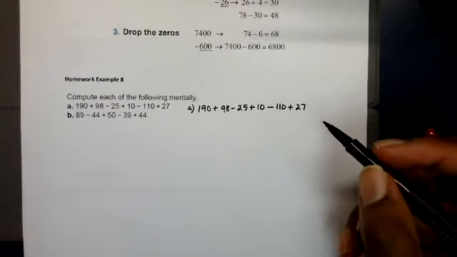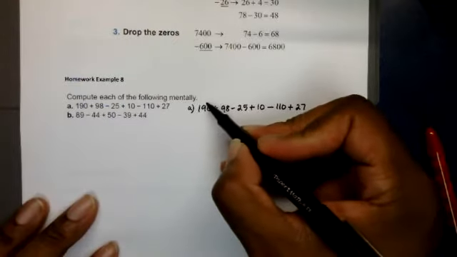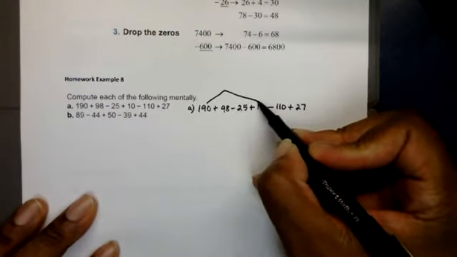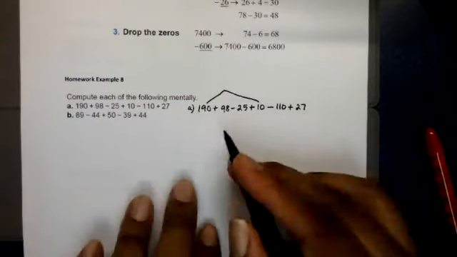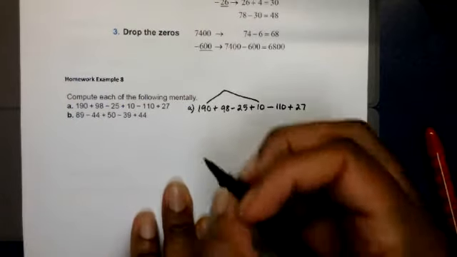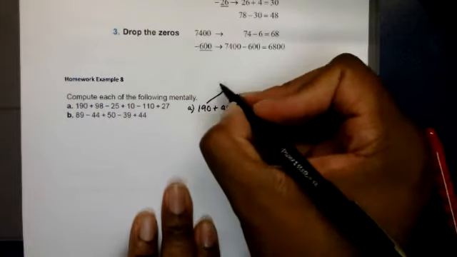If I was to do this mentally, I can add 190 and 10 together, because I know 190 and 10 would give me an easy number to work with. That would be 200.